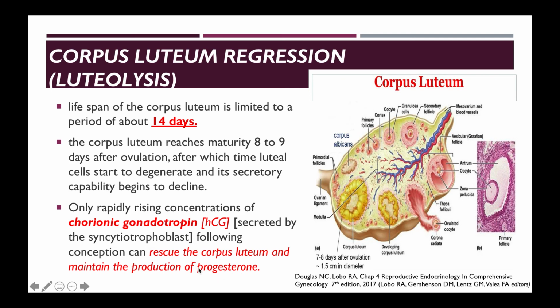You know for a fact that progesterone is very, very important in the maintenance of pregnancy, especially in the first few weeks of pregnancy when the placenta is not yet fully formed. So you need to maintain that corpus luteum so that the production of progesterone is maintained in the early weeks of pregnancy.